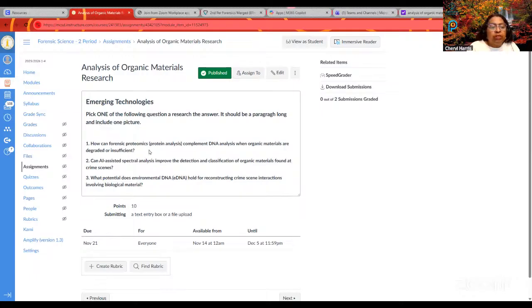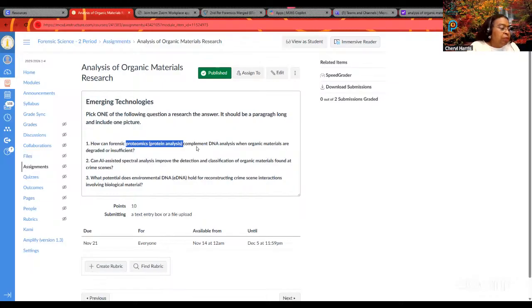Look for the key terms. For the first one, you want to look up proteomics, which is protein analysis, the proteome, and then see what that has to do with the degraded or insufficient protein matter available at the scene from the organic point of view.